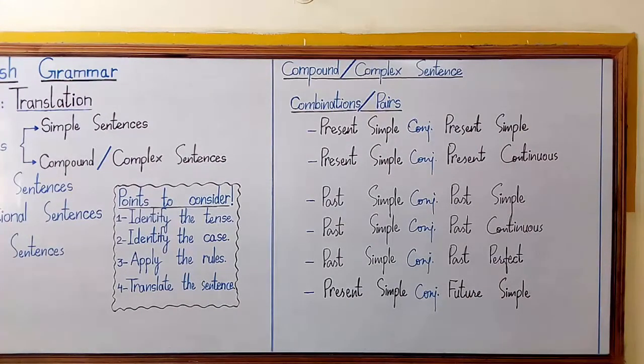So the first combination, very renowned and very common, is present simple, conjunction, present simple. For example, I gave you an example just 2 minutes ago. I eat a lot but I do not get fat. Or another example, I eat a lot because I do not get fat. So you can see that before conjunction there is present simple, after conjunction there is present simple.